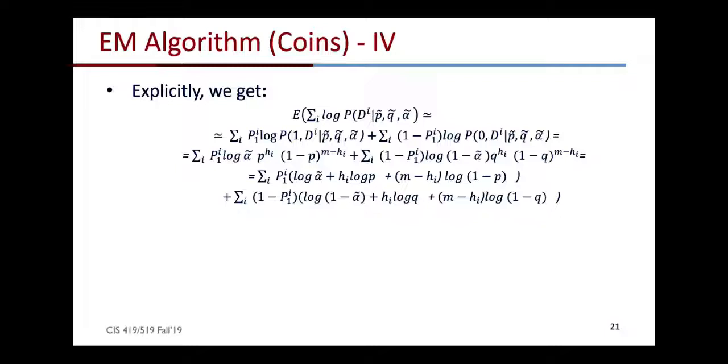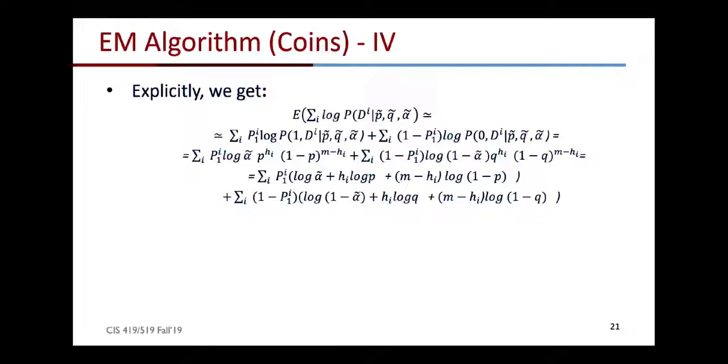We have the Bernoulli model, so I can write this as, again, the sum over the data points, P1i log of what? What is the probability when the coin name is 1? It's basically alpha, p to the h, 1 minus p to the a minus h. And the second one is 1 minus P1i log 1 minus alpha, q to the h, 1 minus q to the a minus h.